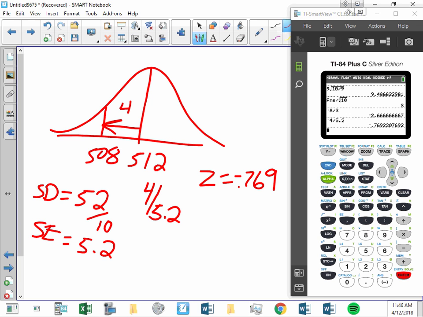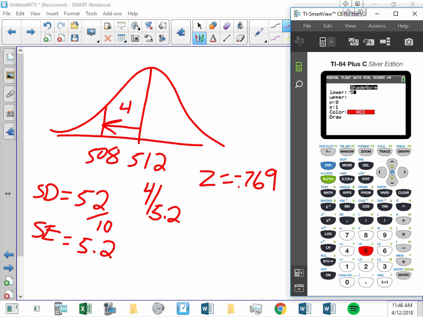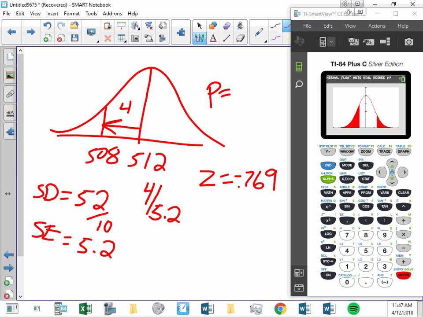Now I shade norm. Shade norm from negative 5 to negative 0.769. And then I get a p-value, and my p-value is 22%.